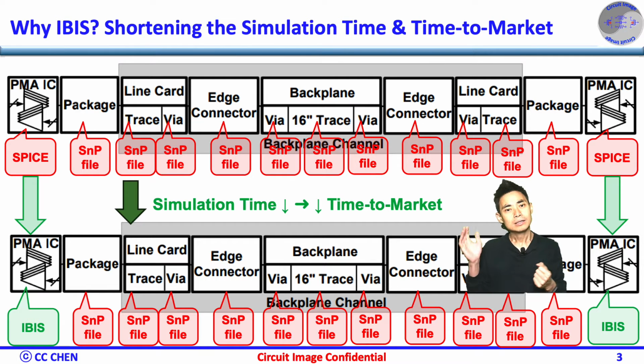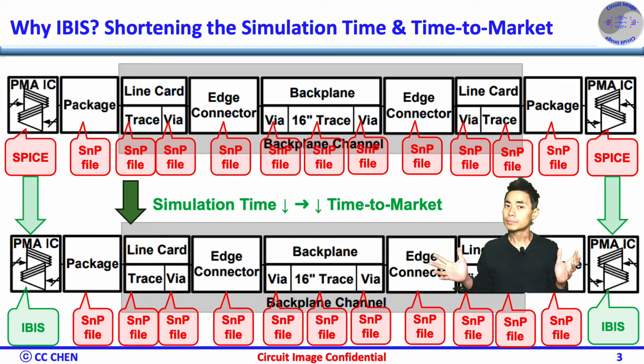Therefore, system designers are struggling with a tiny time budget with the available I/O buffers in SPICE modeling. This was the initial motivation to come up with a simple behavioral IBIS model.